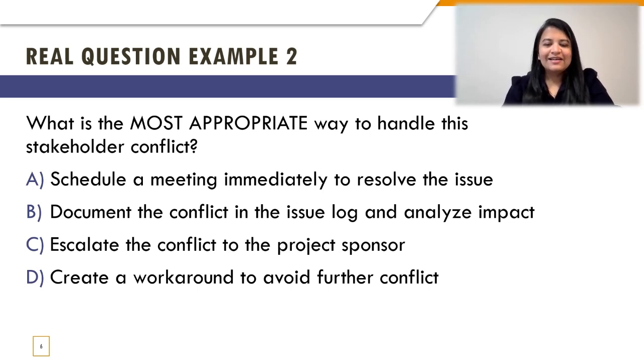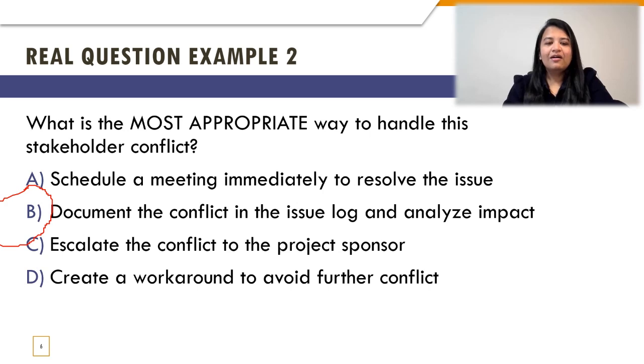Option B is document the conflict in the issue log and analyze the impact. Option C is escalate the conflict to the project sponsor. Option D is create a workaround to avoid further conflict. The correct answer over here is going to be option B again, and we'll see why option B is the correct answer.